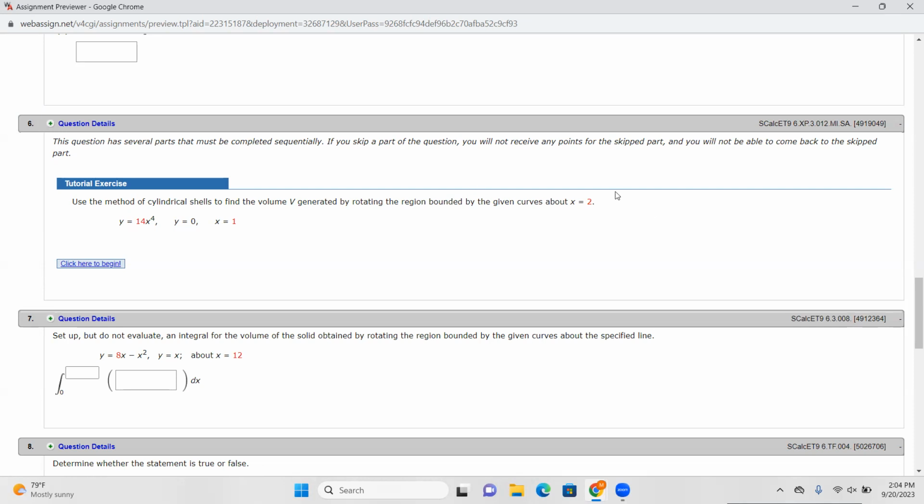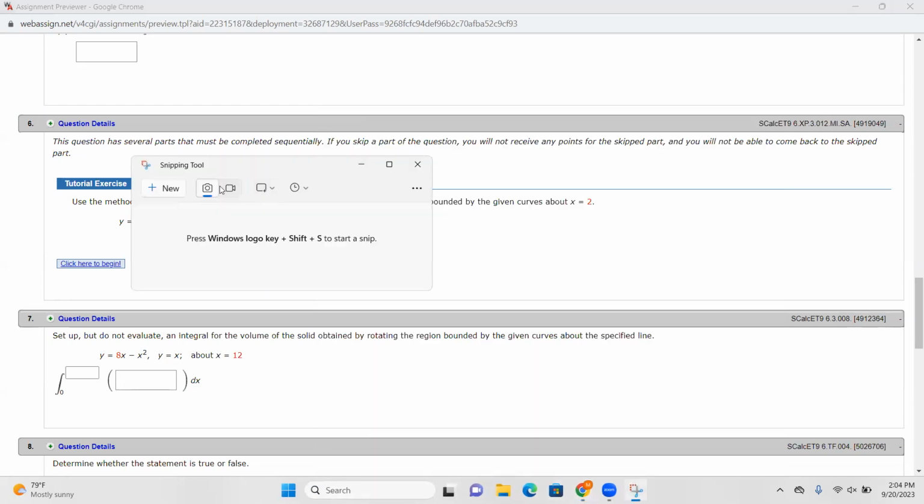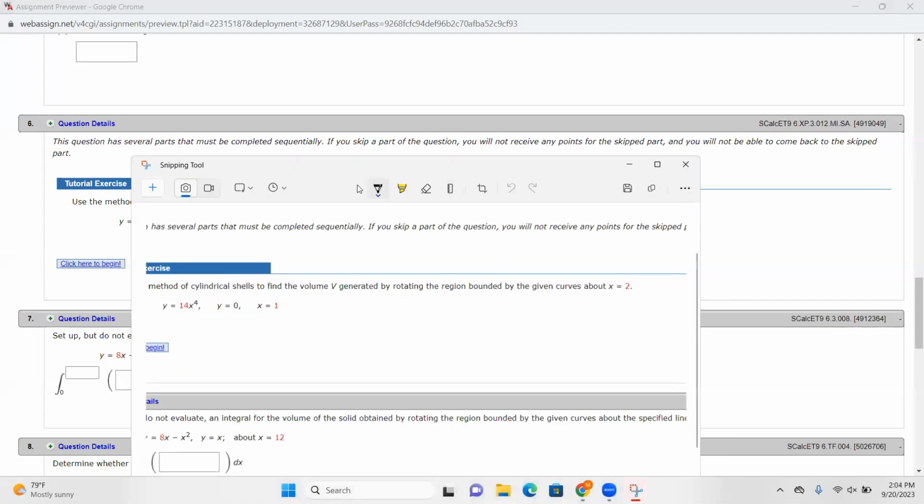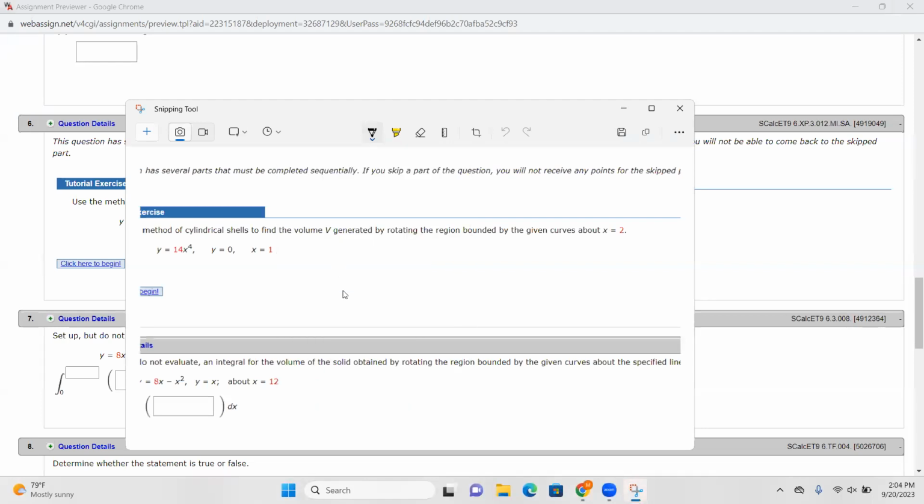And so be careful when you compute your radius here, because your region goes over to x equals 1, but now we're revolving around x equals 2.